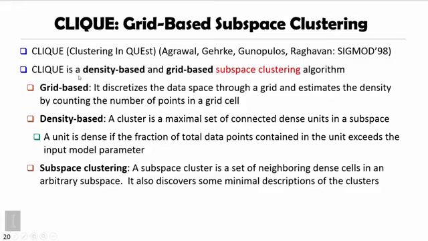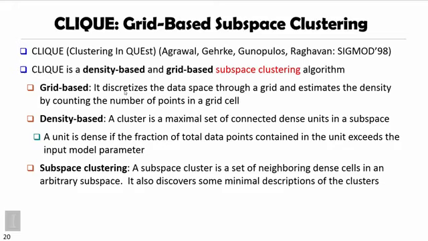CLIQUE is a density-based, grid-based subspace clustering algorithm. Why is it grid-based? Because it discretizes the data space through a grid structure and estimates the density by counting the number of points in the grid cell. Why is it density-based?